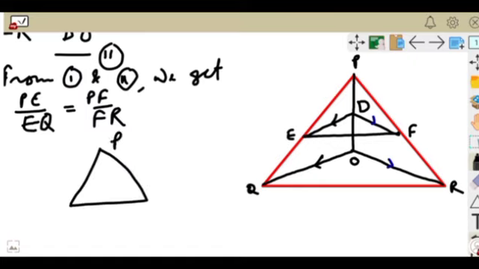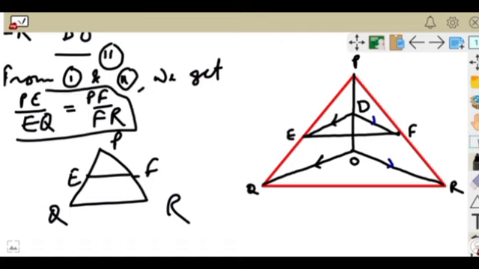This is PQR, and I'll take this E here, and this is F. Let me join them. So what you get here is PE by EQ equal to PF by FR. What does it mean? It means that this EF is parallel to QR.